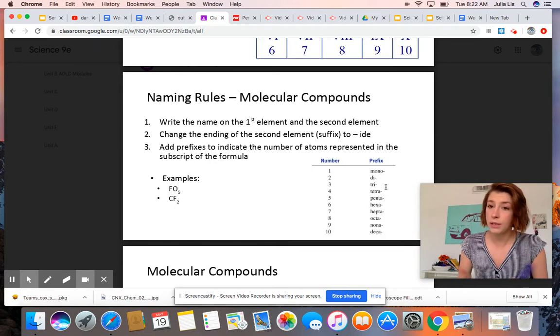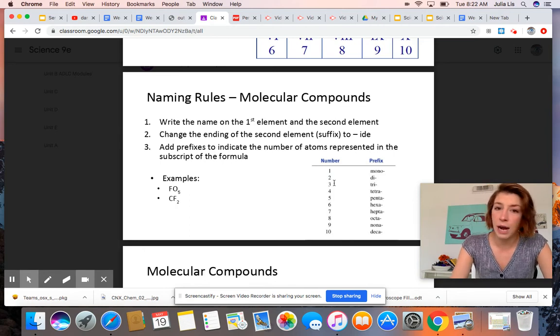So diatomic, 2 atoms. If you have 3 atoms, you would say tri, 4 tetra, 5 penta. And so these prefixes are very important when naming molecular compounds, and you will have to memorize them, especially for grade 10. So right now I'm working with fluorine oxide.